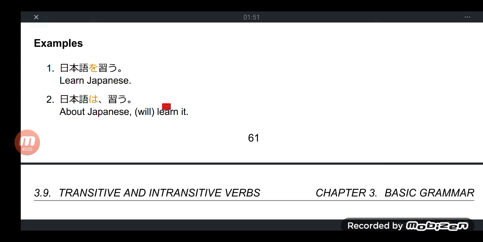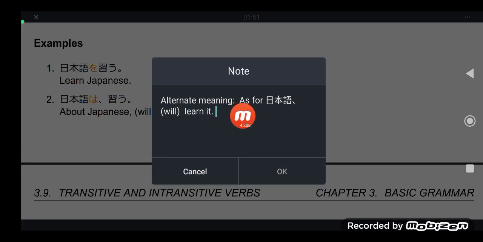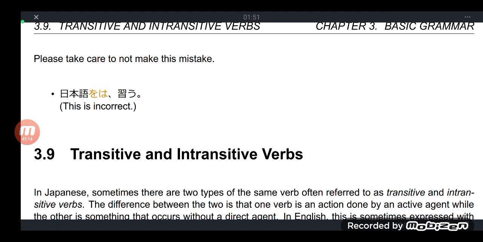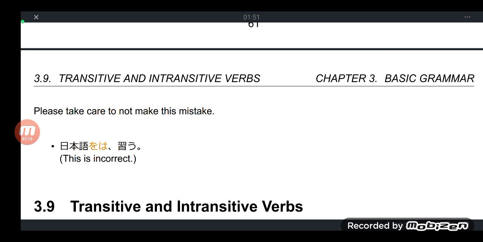Also, it can be deciphered as an alternate meaning: as for Nihongo, or Japanese language, we'll learn it. Okay. So please, minasan, please do not make this mistake. Nihongo wo wa narau. This is incorrect, so please don't make that mistake.